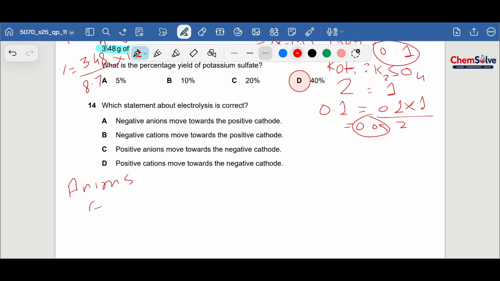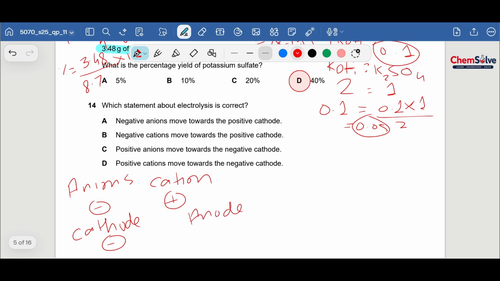Anions are actually the negatively charged particles and cations are the positively charged particles. And cathode is the negatively charged electrode and anode is the positively charged electrode.